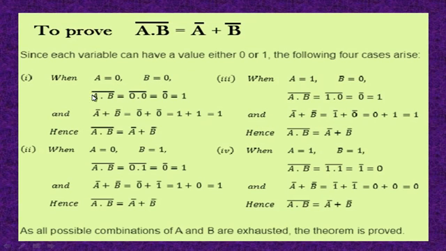For LHS, A dot B means 0 dot 0 and complement of 0 will be 1. Now RHS, complement of 0 plus complement of 0, that is complement of A and complement of B, both are 1 and their sum will be 1. In this way, for case 1, A 0, B 0, LHS is equal to RHS.